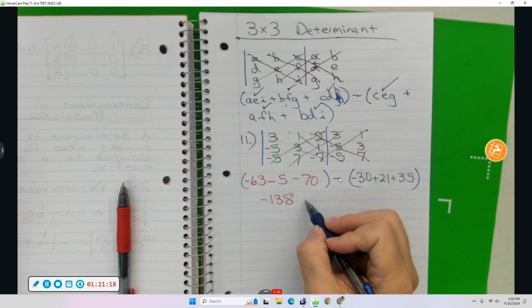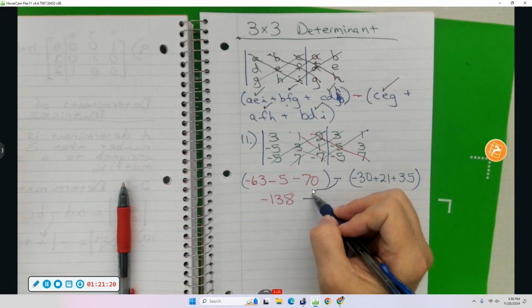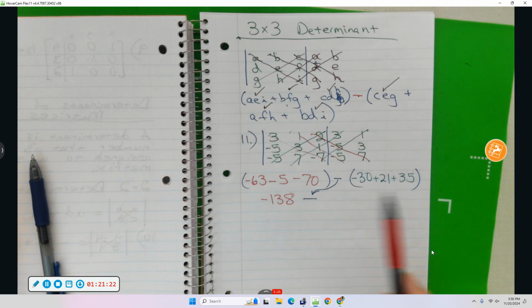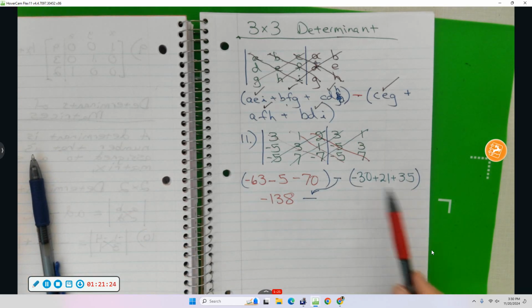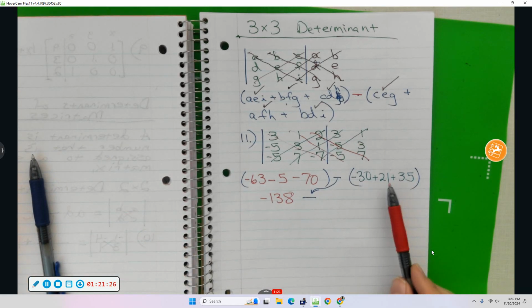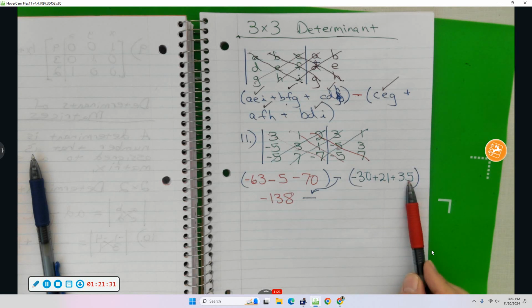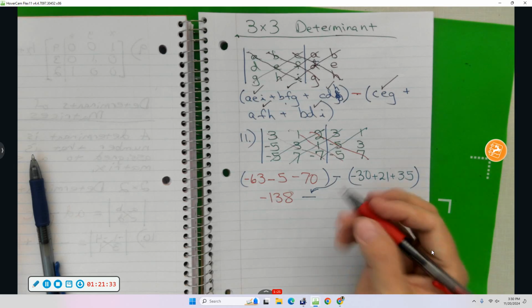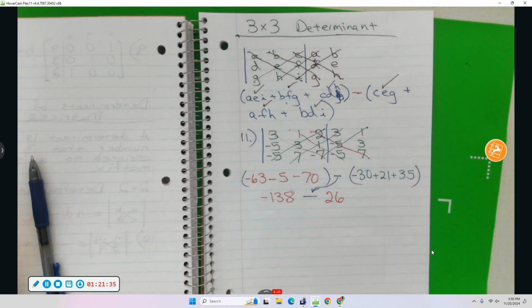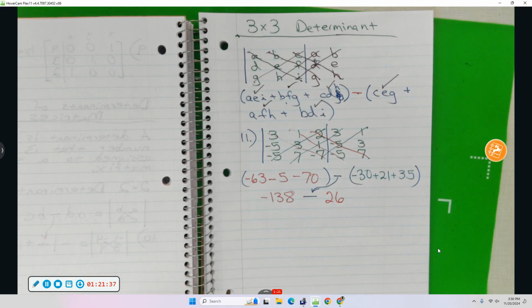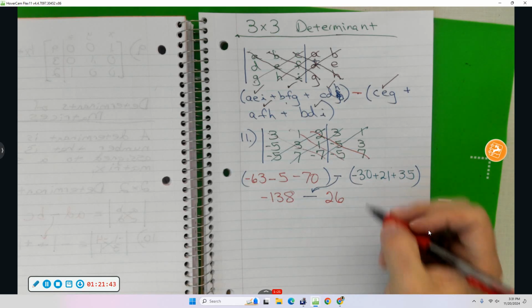Minus, this minus here is the minus from the formula. Working inside the second set of parentheses, negative 30 plus 21 is negative 9. Negative 9 plus 35 is a positive 26. Negative 138 minus 26 gives me a negative 164.